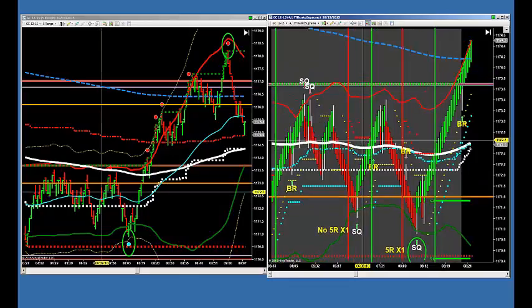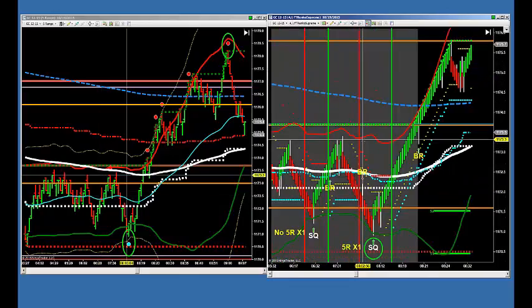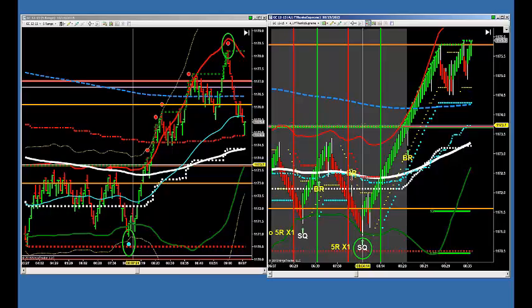So we go on to the next one, and there's an SQ, and now we can clearly see that the price is outside of the Bollinger Band. On that left-hand chart, we've got an X1 signal. Of course, we've got the SQ signal. And I want you to notice on that left-hand chart, the green line is the Bollinger Band at 2 standard deviations, but that little fine yellow line is 3 standard deviations.